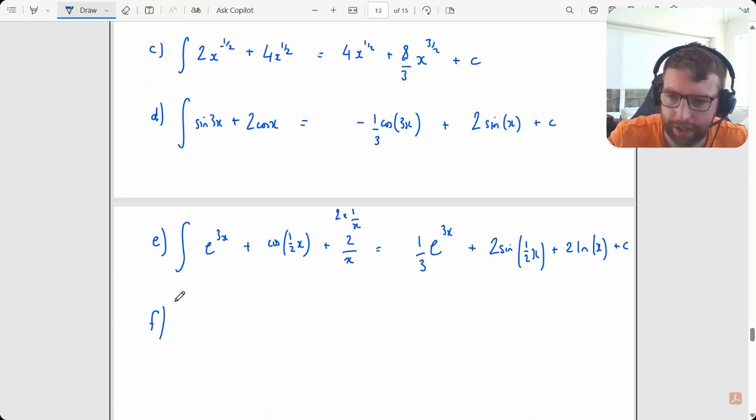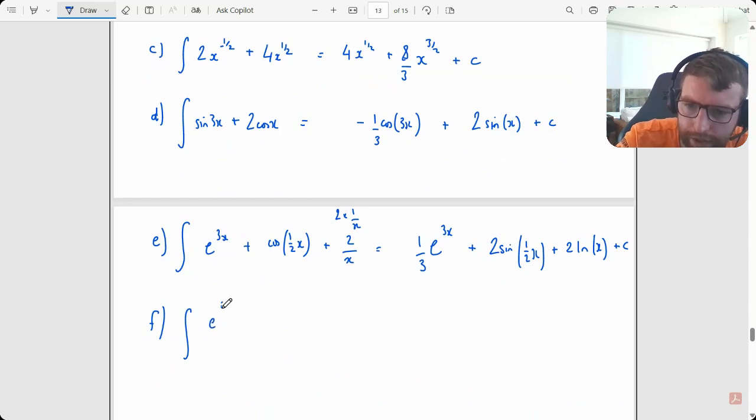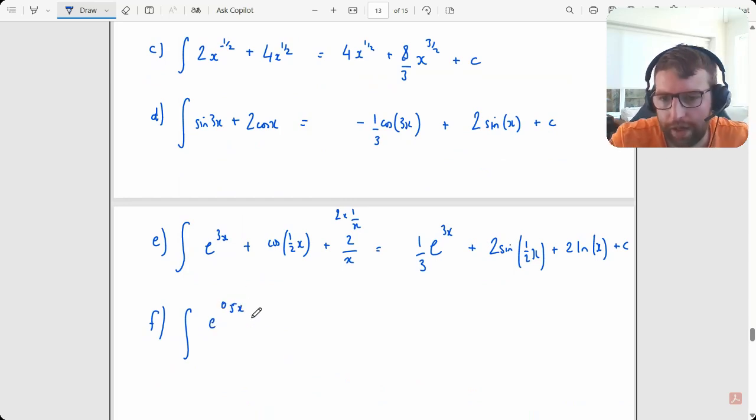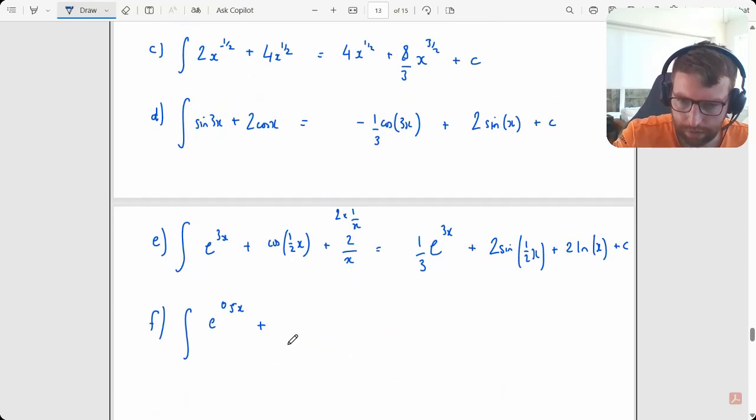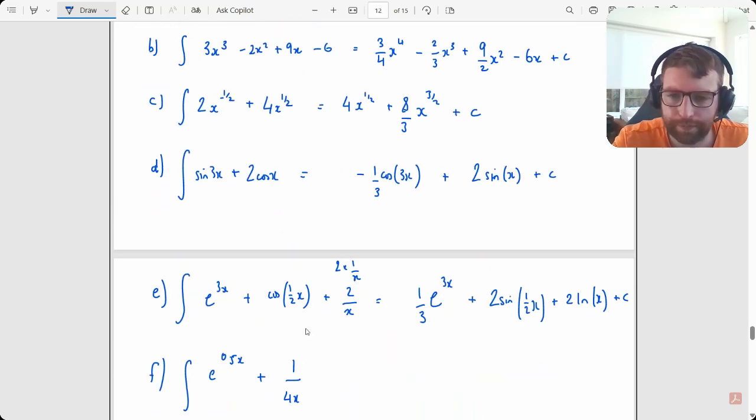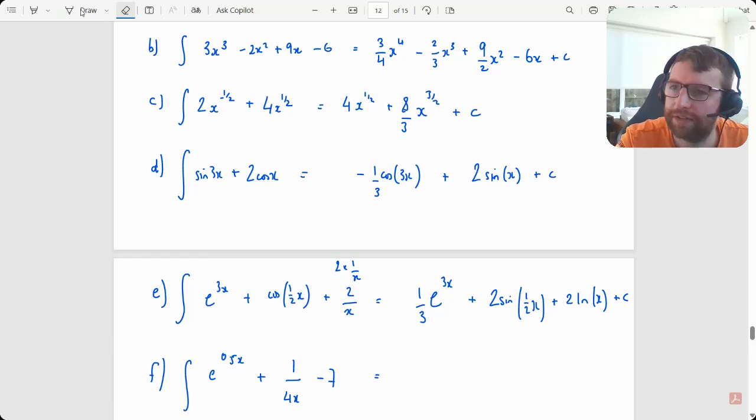Yeah, very similar actually. So e to the 0.5 x, plus 1 over 4x minus 7. Okay, so same deal. So the 0.5 x stays the same.